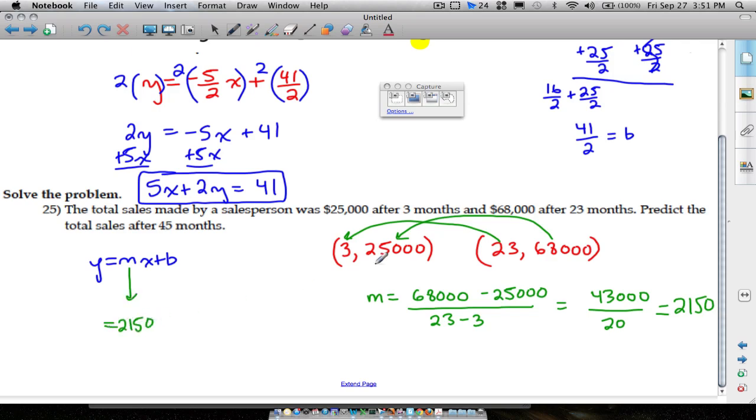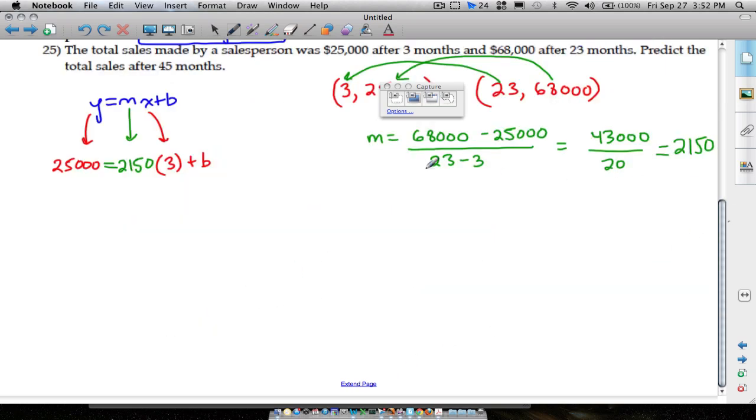And now let's plug in either one of these points. I recommend using the smaller values, just easier to work with. So the y value would be 25,000. The x value from that point was 3. And now we can solve for b. You can use the calculator here to speed through this. I don't want to see all that scratch work.